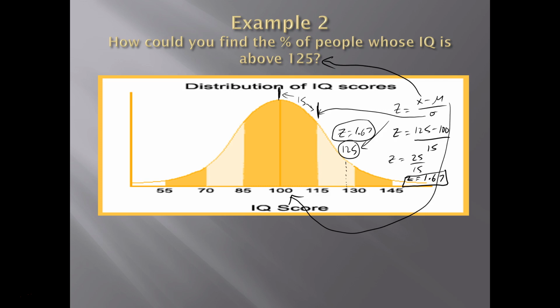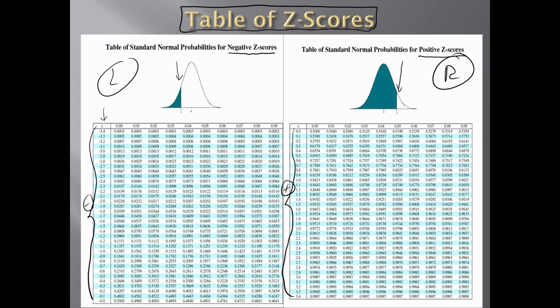All right. So let's look at how we can find the percentage of people whose IQ is above 125. We're going to use this z-score, 1.67. Now that's important because I can go back to the previous page and find that z-score on the table. So let's look at it.